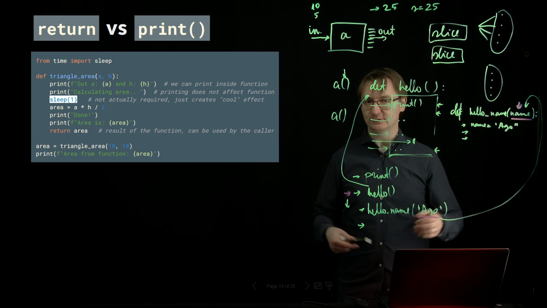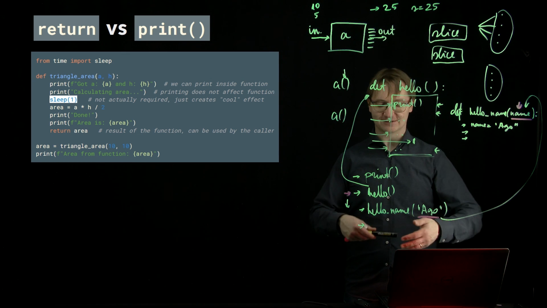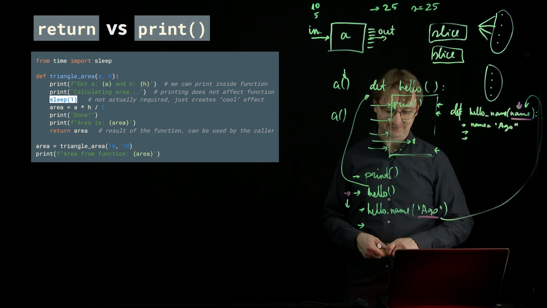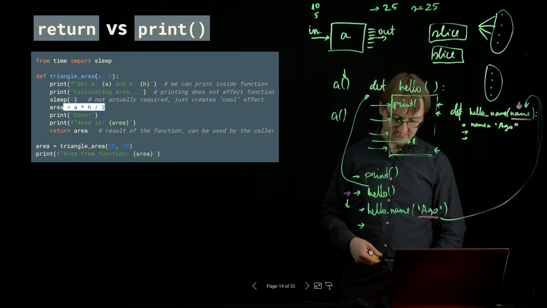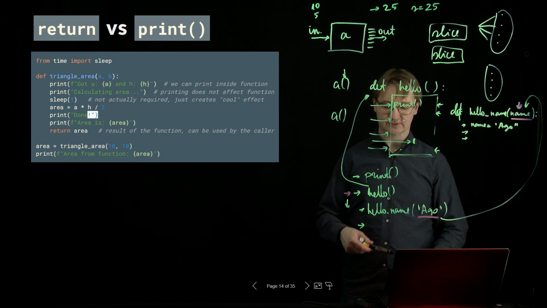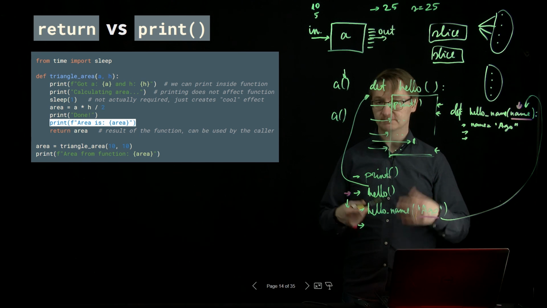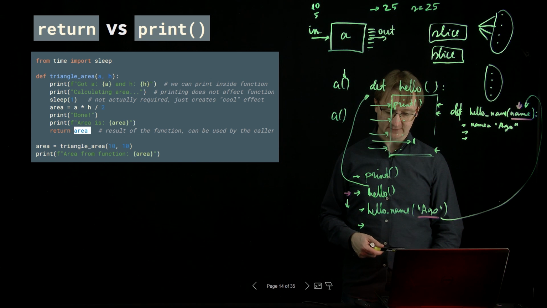There is no point to do that, but it's just cool. It gives us an idea that the computer is actually calculating, although it's quite an easy calculation for the computer. Now we actually calculate the area, then we print out that it's done, and we also print out the result of the calculation, and then we return this value.